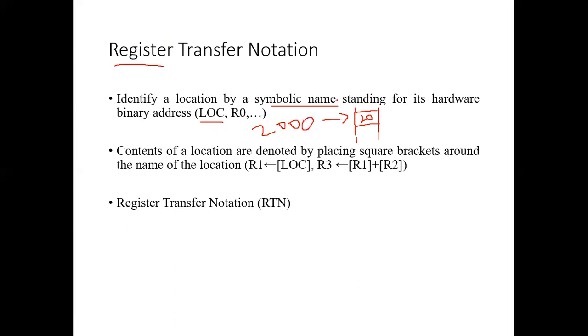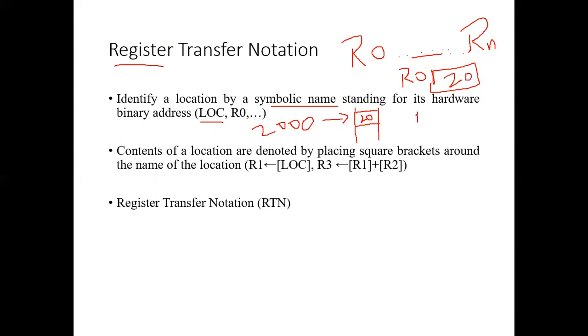Typically the general purpose registers will be numbered from R0 to Rn. When we talk about general purpose registers, they don't refer to memory locations. They contain direct values. For example, if the register R0 contains 20, then this 20 is not a memory location, it's a value.